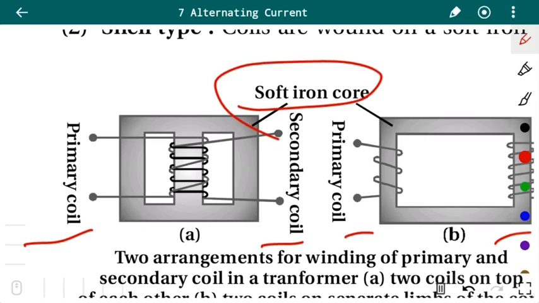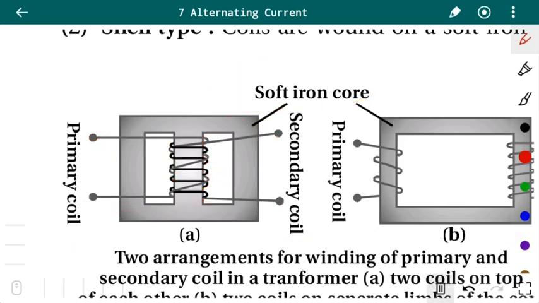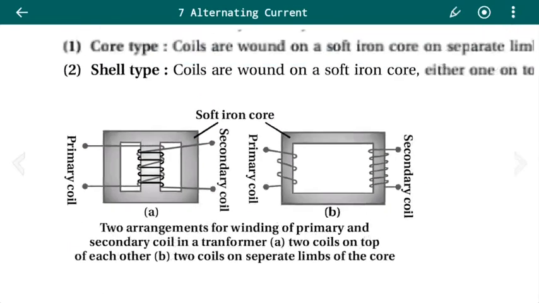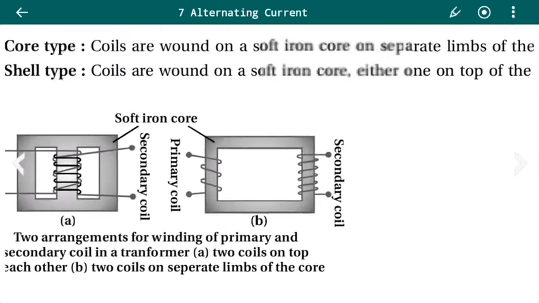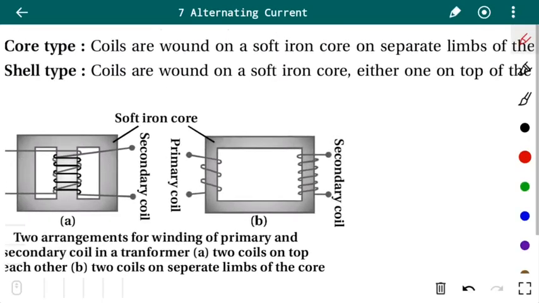So on the basis of how these windings are done, there are two types of transformer according to their construction. Here is the shell type transformer, in which there is a common soft iron core around which the primary coil is wound as well as the secondary coil. And another type of transformer is the core type.